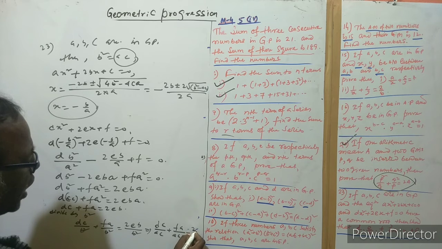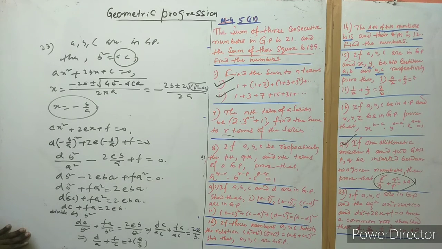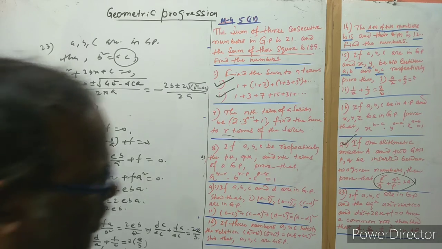So 2e by b implies d by a plus f by c, and this is equal to 2 into e by b. So from that relation we can say that d by a, e by b, f by c are in AP. Okay, thank you very much, all of you.